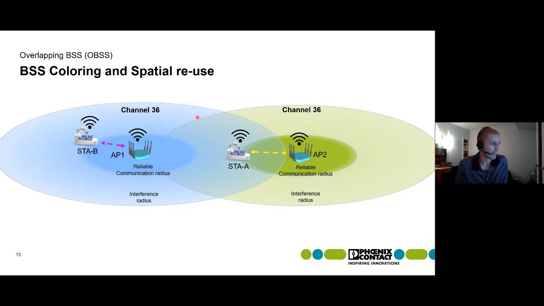But you're also going to have this radius where this station is going to hear communication from this access point and this access point. And if you recall again, if this access point tries to communicate and hears something else talking on the channel at the same time, it has to stop and wait and back off and retry later.